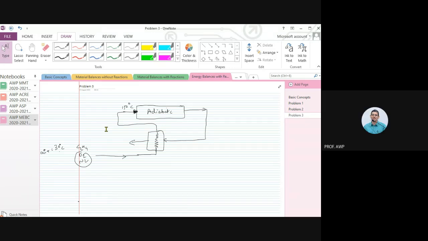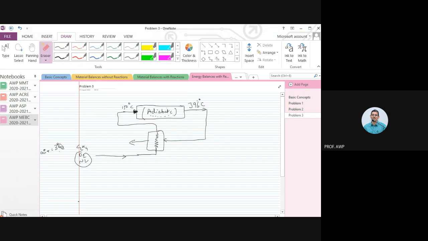So let's say we are operating this adiabatically. Obviously this temperature is going to be higher, 396 degrees centigrade. And then this is going to get cooled.